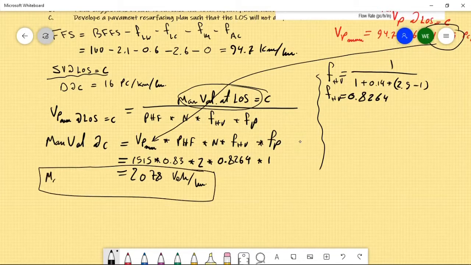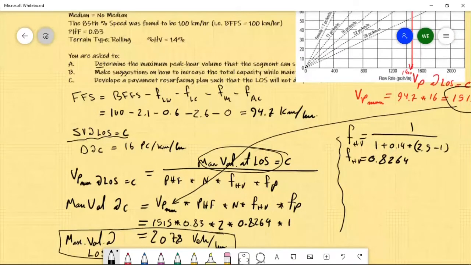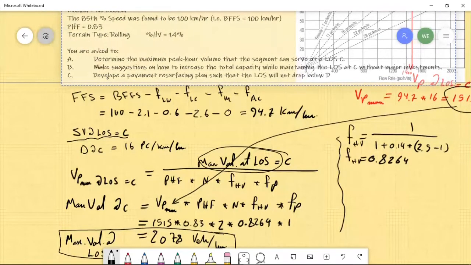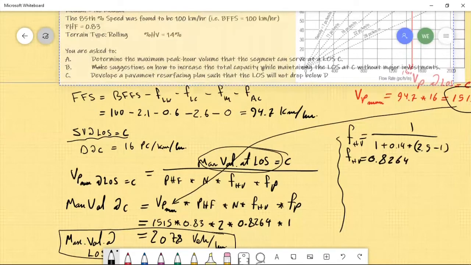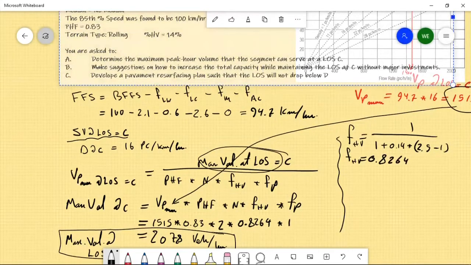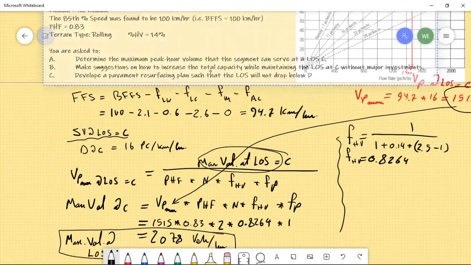This is the maximum volume at level of service equal C. That's the first requirement that they were asking for here. Okay, now let's make suggestions on how to increase the total capacity while maintaining the level of service at C without major investment.